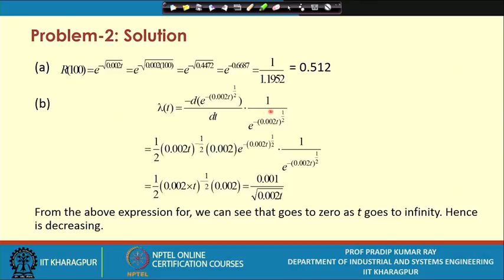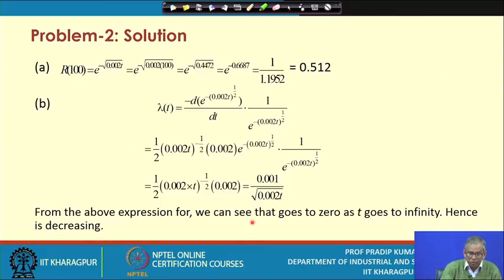R(t) is already given, and f(t) is essentially d/dt of capital F(t). So ultimately you apply this formula, and you get the expressions like this. That means lambda t is given by 0.001 root over divided by root over 0.002 t.